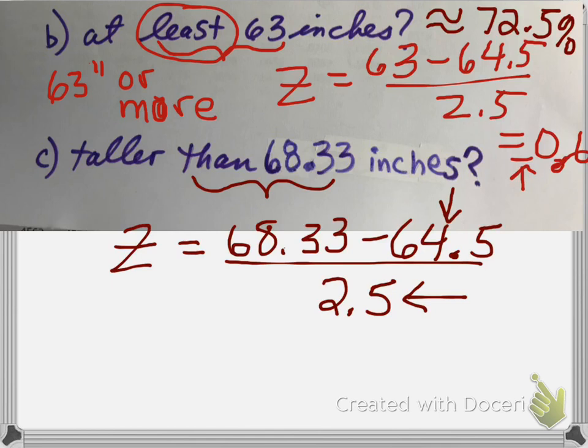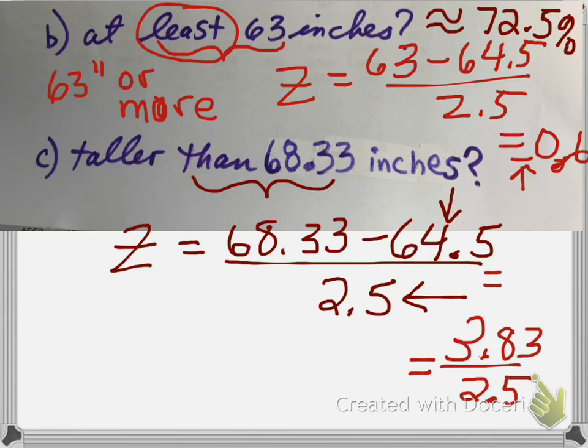So now when I do this, it's going to give me a z-score of, let's see, all right, so the top will be 3.83 divided by my standard deviation of 2.5, and this yields a z-score of 1.532.